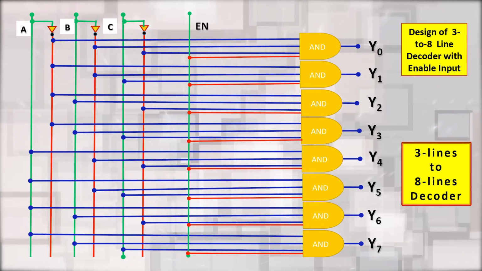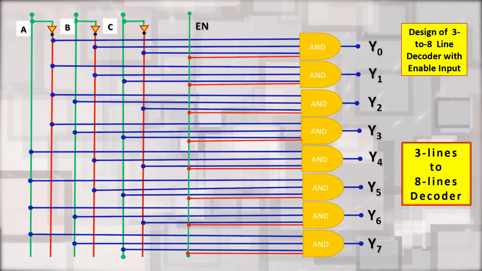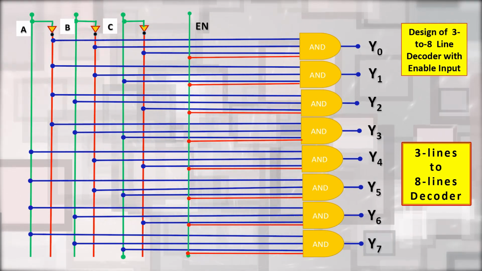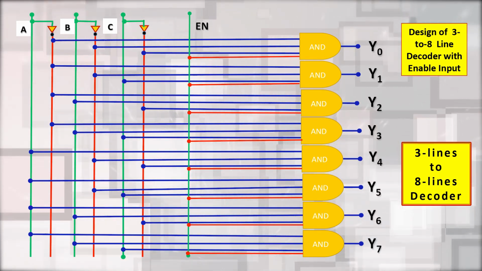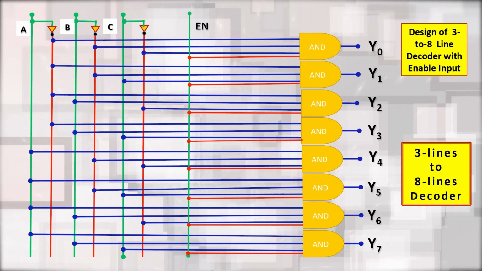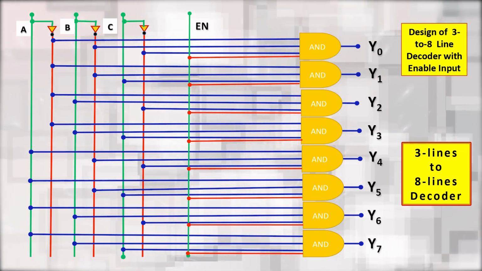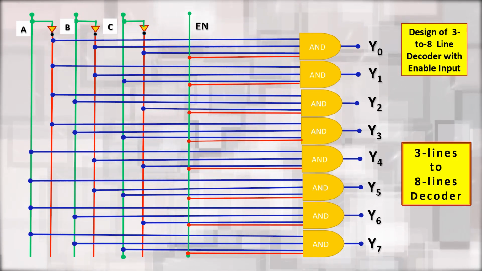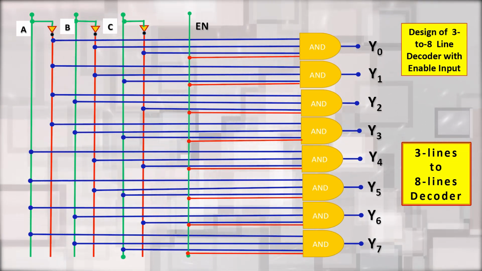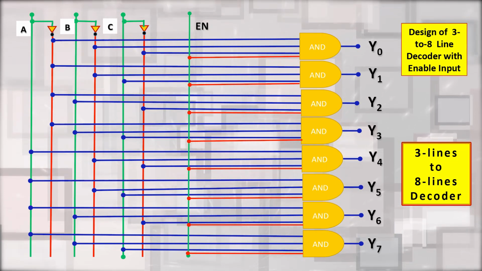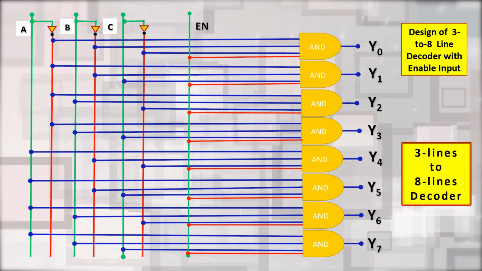So, this way the design of the 3 to 8 decoder with the enable input is completed, and when the enable is high, at that time the decoder will work, and according to the input it will give the one corresponding output.